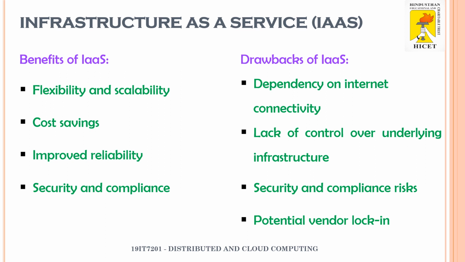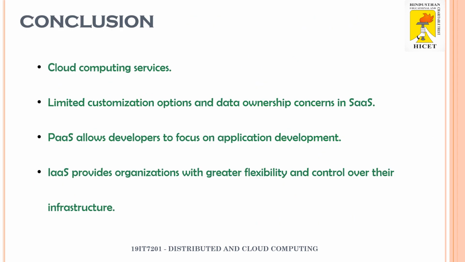The costs are very low, with improved reliability, and security and compliance is one of the advantages, which is not there in software as a service and platform as a service. Here also we have some drawbacks: dependency on internet connectivity, a lack of control over the underlying infrastructure, and security and compliance risk. Sometimes risk may be there, and a potential vendor lock-in problem also arises.